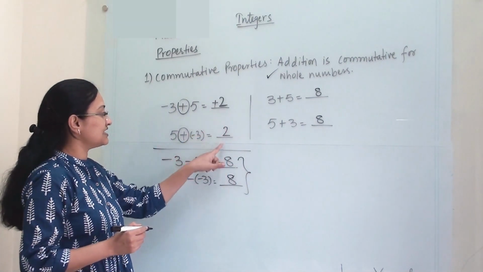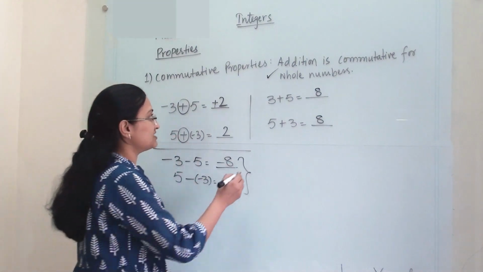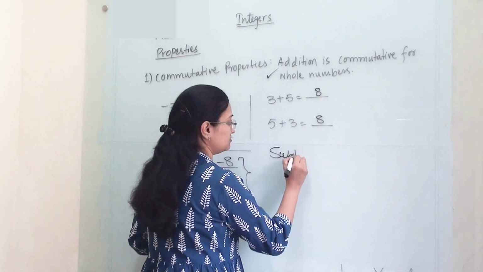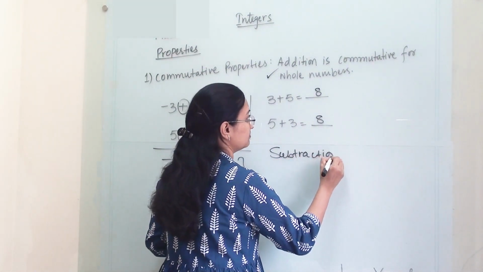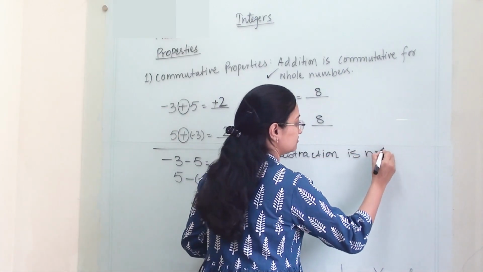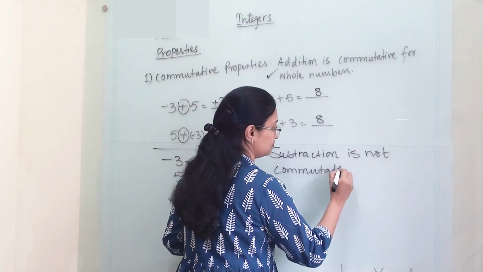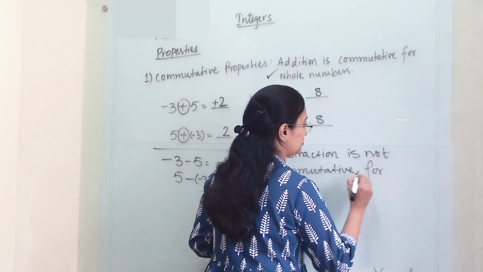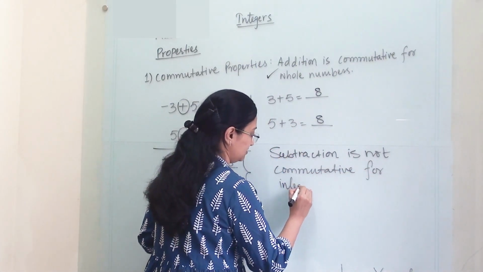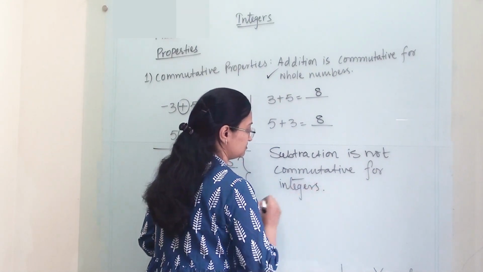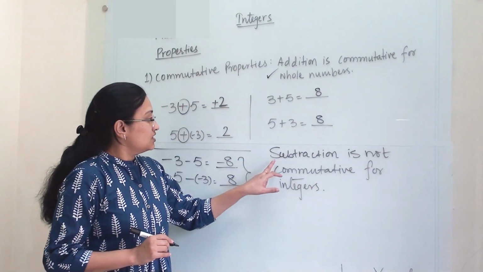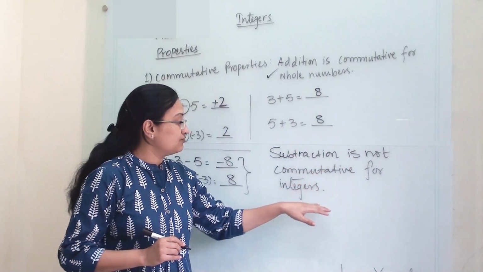It's not the same. So we can say that subtraction is not commutative for integers.